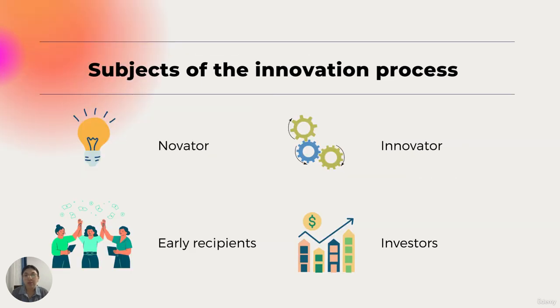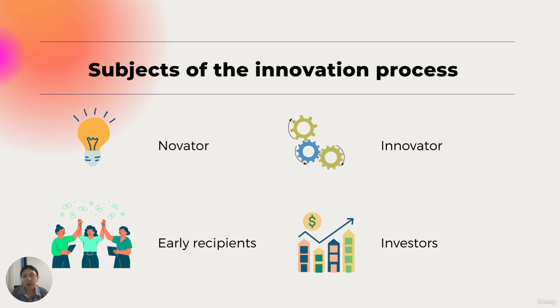About the subjects. So we have four subjects of the innovation process. The first one, novators. They are participants in the innovation process, searching for innovative ideas and developing innovations based on them: research organizations, small innovative companies, engineering companies, IT companies, and so on. The second are early recipients, entrepreneurs who were the first to master the innovation.